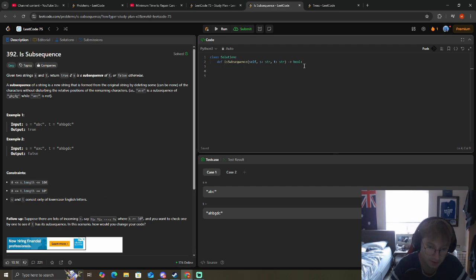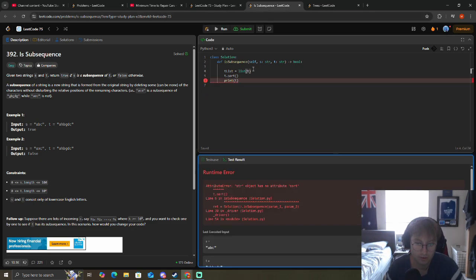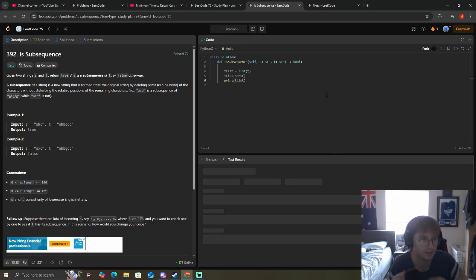Yeah, so I'm thinking maybe we make S hash, T is equal to... No, maybe not. T list is equal to the list of T. And then we want to do T list dot sort. Let's print T list.